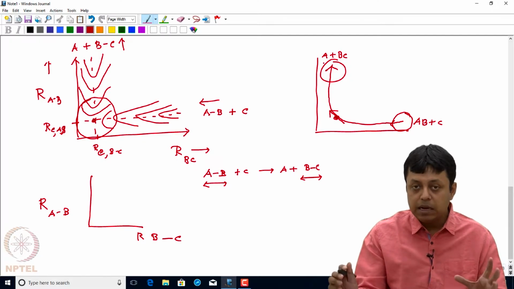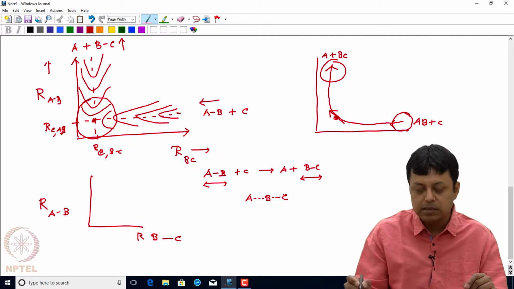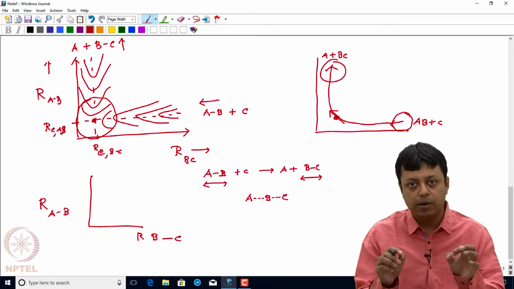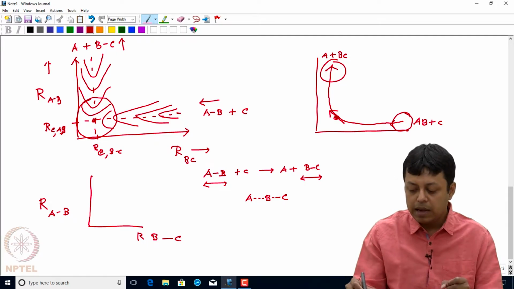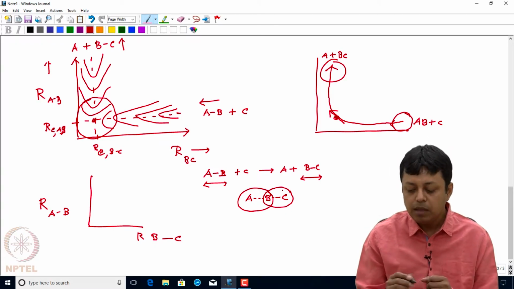But near the transition state, I have a structure like this, ABC. It's a collinear atom-diatomic molecule again, and remember that this bond is neither being broken nor this one being formed. It's actually in between.